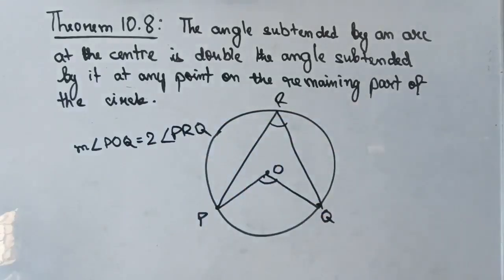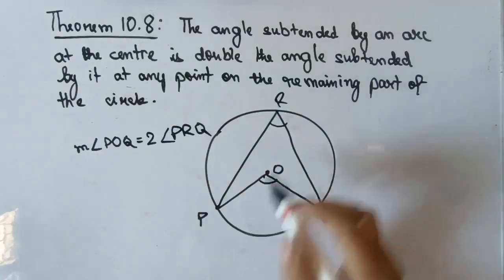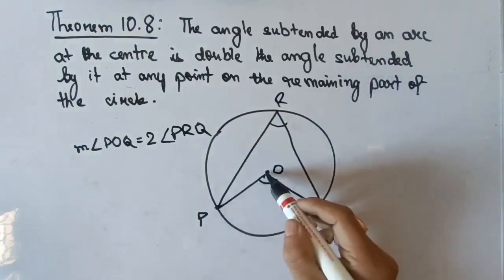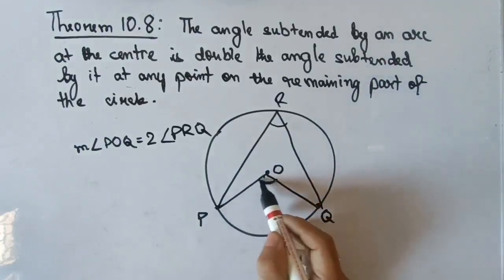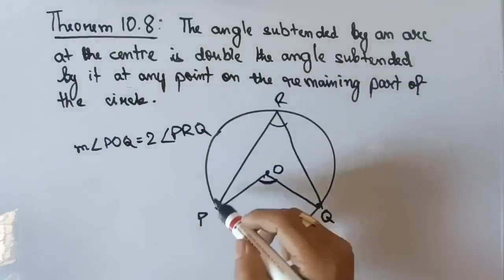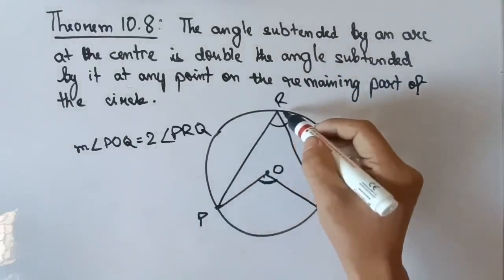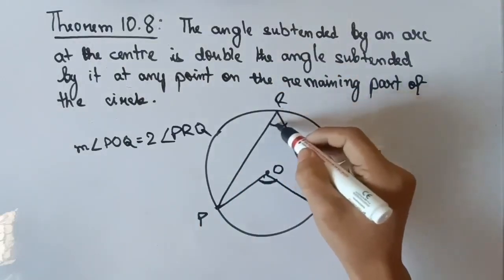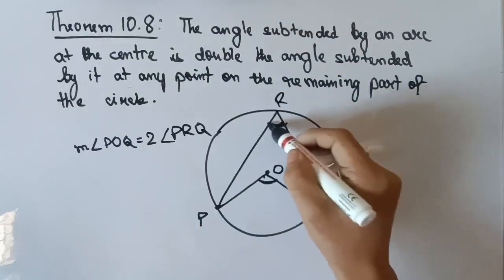PRQ. So I'll repeat, the theorem says the angle subtended by an arc at the center, that is this angle, is double the angle subtended by it at any point on the remaining part of the circle.